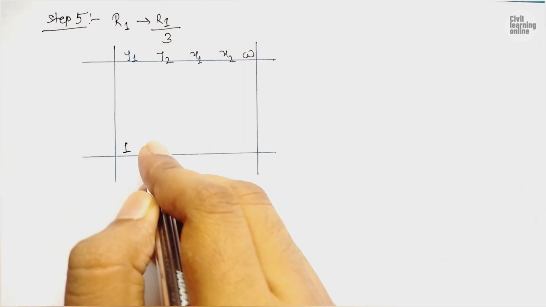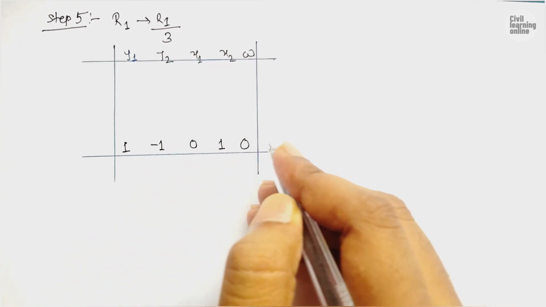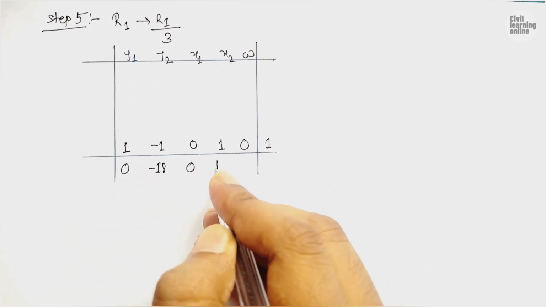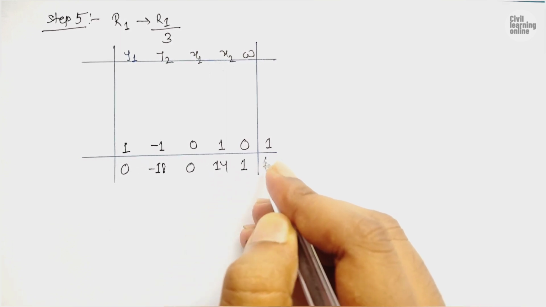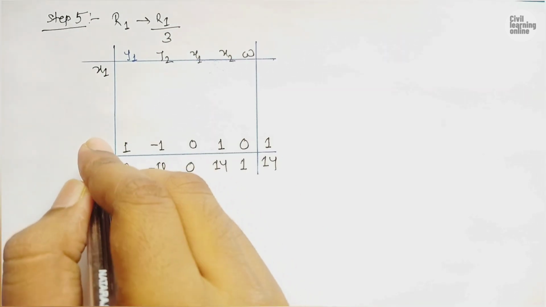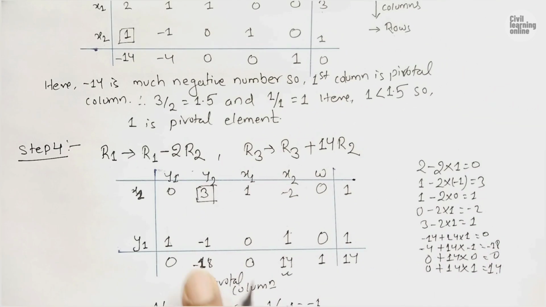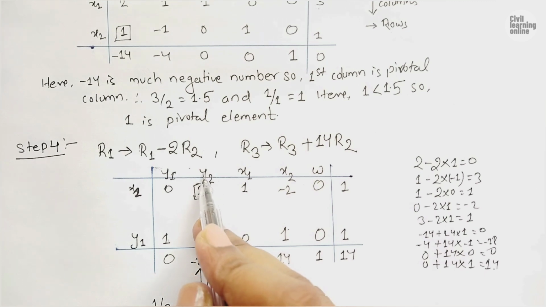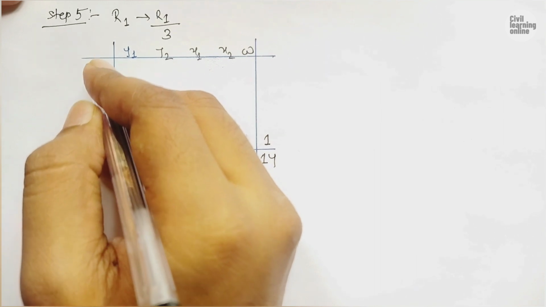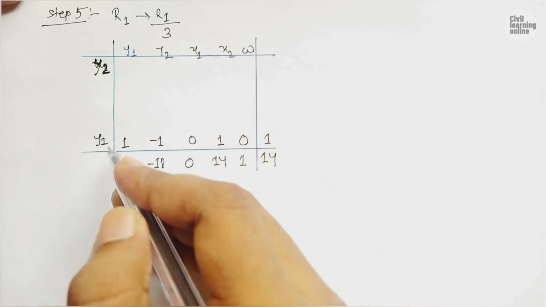So it is 1, -1, 0, 1, 0, 1, 0, -18, 0, 14, 1, 14, and we had x1 here, we had y1 here, and the pivotal element was in the first row, that was 3, and that is corresponding to y2. So this time after doing the operation on R1, we will write here y2, sorry for my mistake. So we have y2 and y1 and the elements.